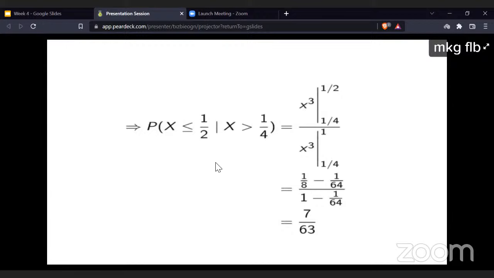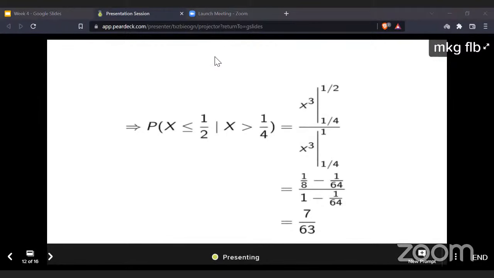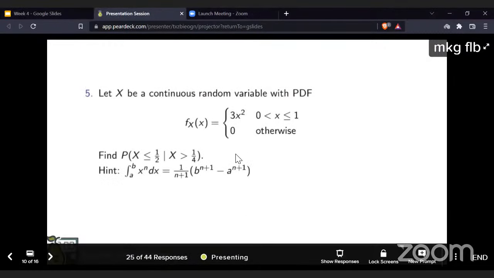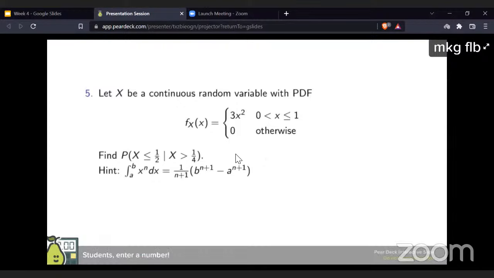Ma'am, one small question. Actually, the formula for x to the power n dx, with the integration lower limit a and upper limit b. The given condition is that x should be greater than 1 by 4 and less than or equal to 1 by 2.